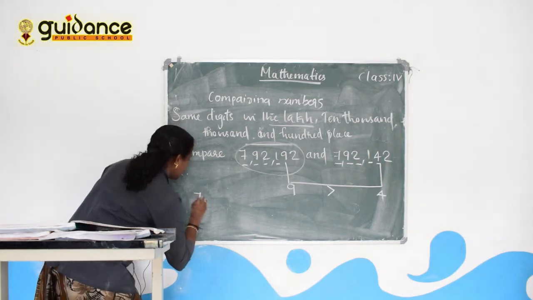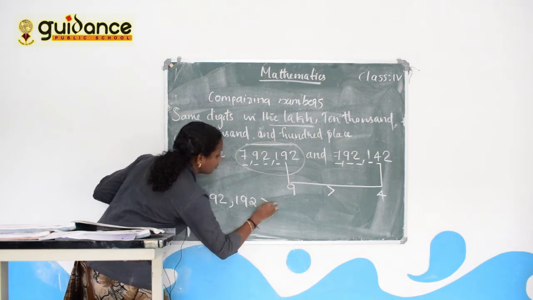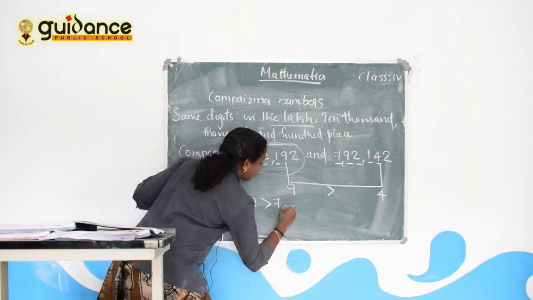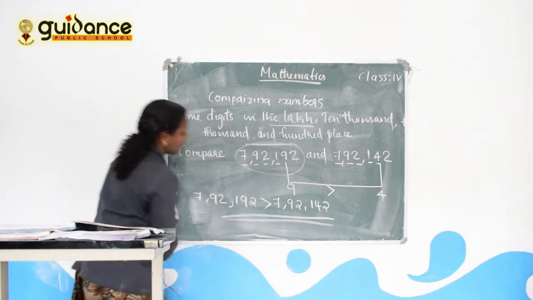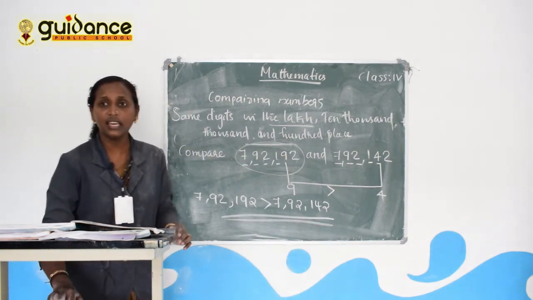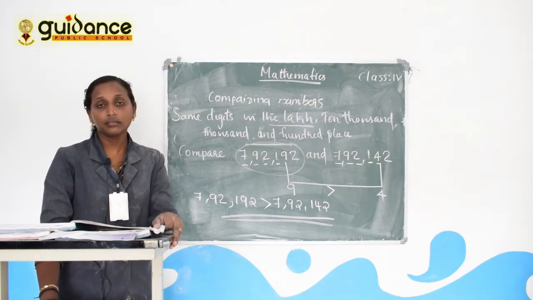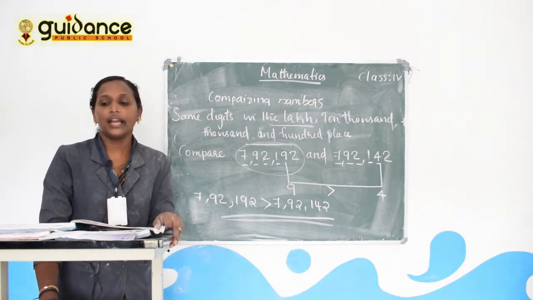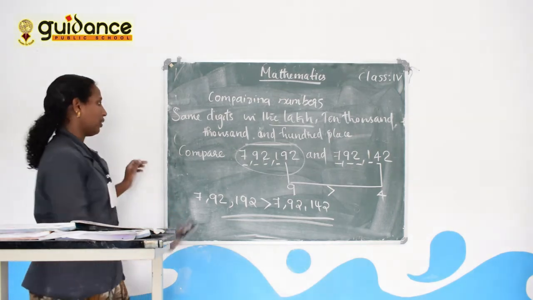That means 7,92,192 is greater than 7,92,142. So this is the greatest number. So next we have to write the numbers, writing numbers in order.